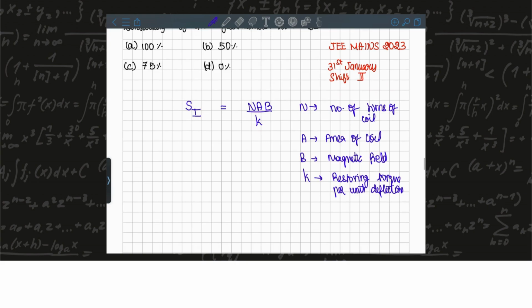The next formula we'll have to know is voltage sensitivity, which is equal to SI, current sensitivity, divided by resistance R.